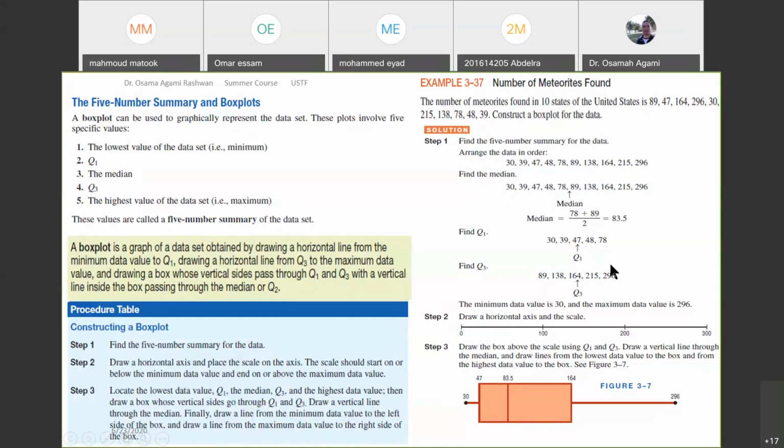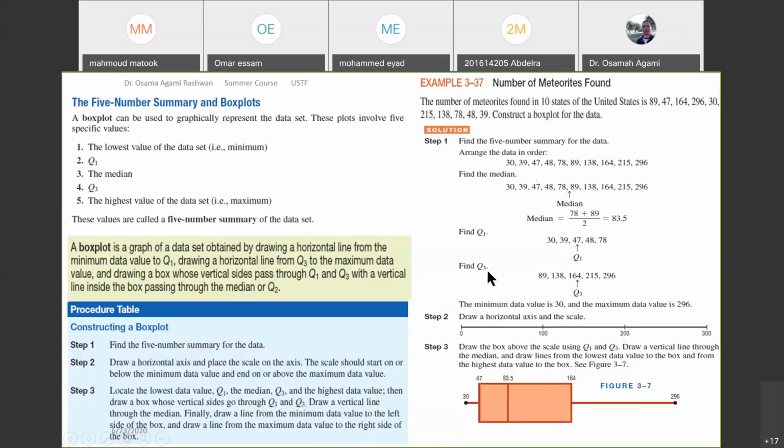I have no value ranked 2.5, only the first, the second, the third, the fourth. So my first quartile will be the next integer for the position. So it is the third one, which is 47.